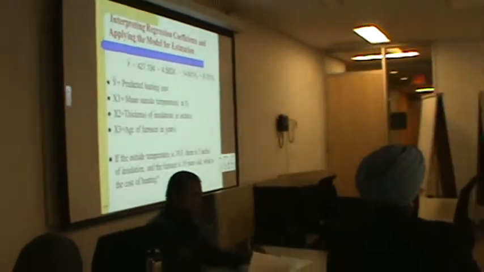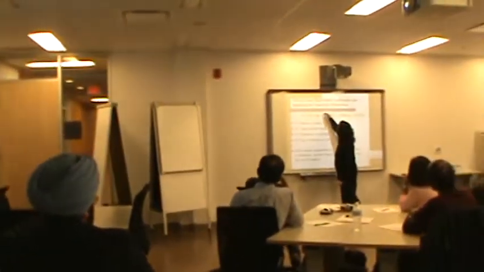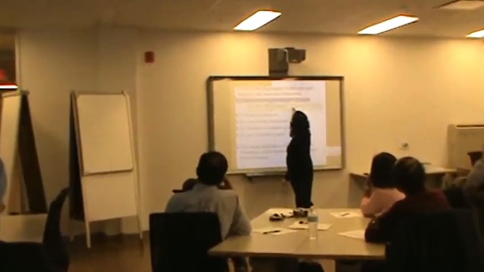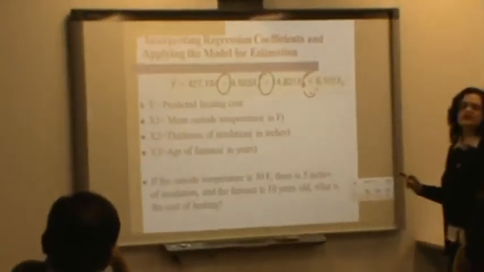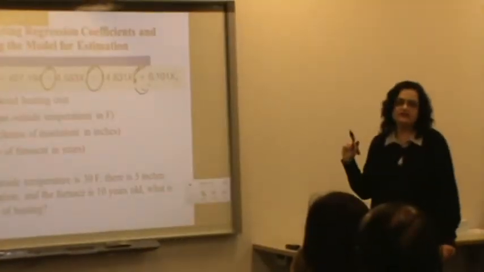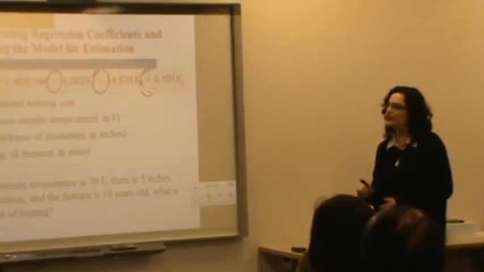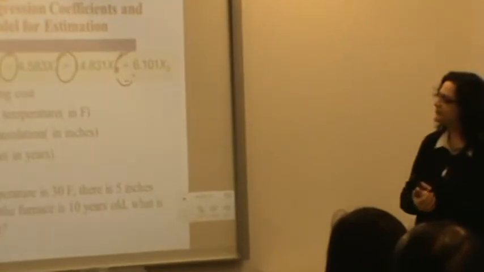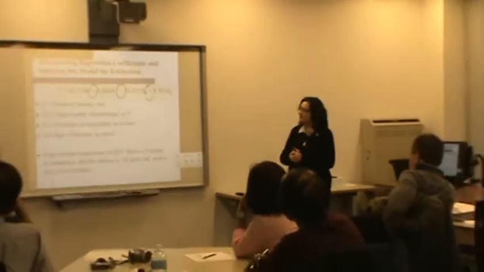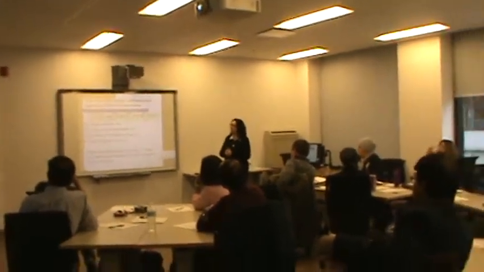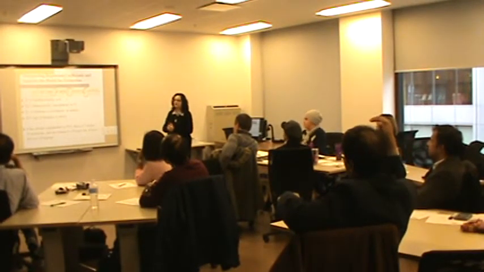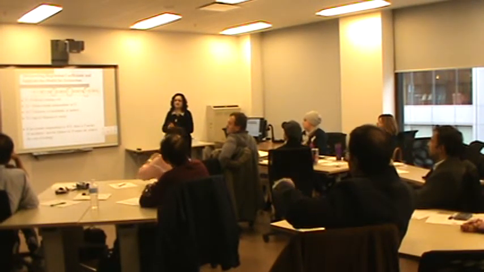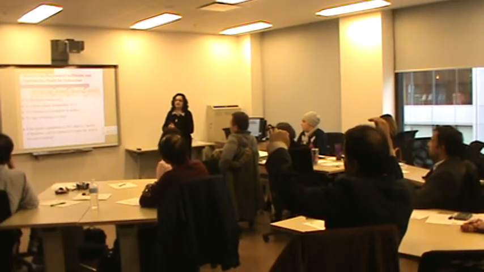So do you think these signs are correct? There's a negative here, or positive here. Can anyone of you tell me if it's correct and why? Why would it be a negative or why would it be a positive? Anyone wants to try? Yes, Aikam, go ahead. Predicted heating cost is positive to X3 because if the age of furnace is more aged, then the predicted heating cost will be high.